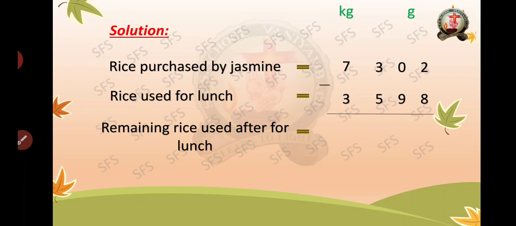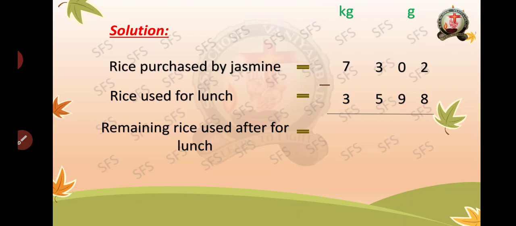2 minus 8. Whereas 2 is smaller than 8, isn't it? So we have to borrow the number. So to borrow the number, what is the next number for 2? It is 0. Is it possible to give the number to 2? No, because it has no number. It is 0.